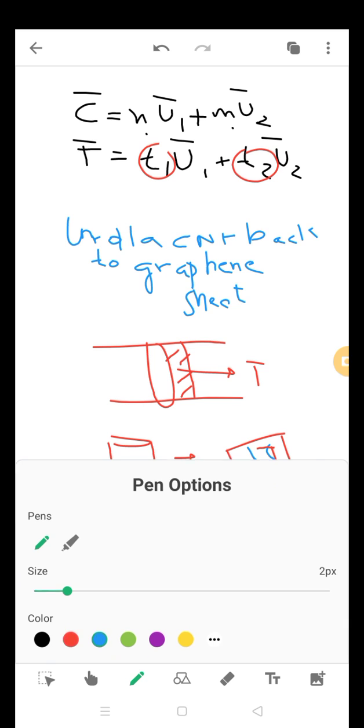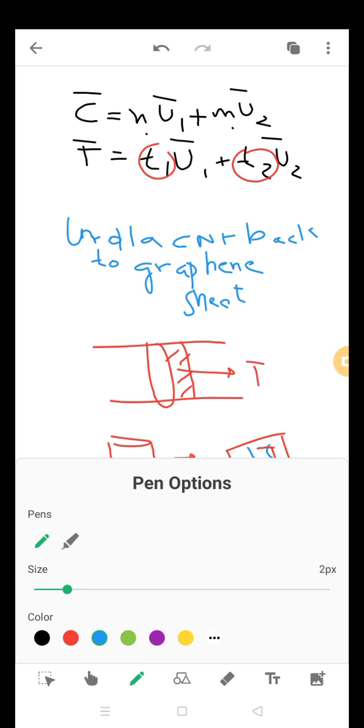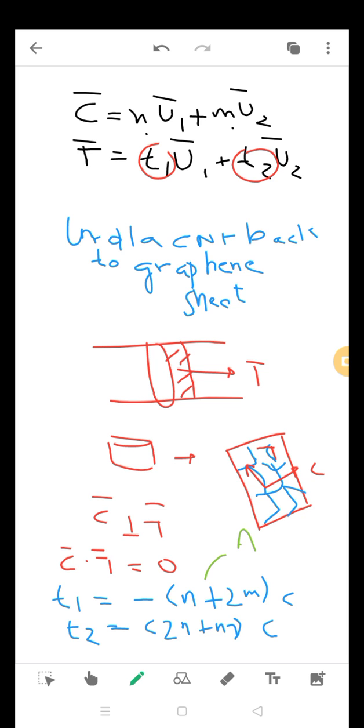The value of T1 comes out to be equal to minus n plus 2m over c, and the value of T2 is equal to 2n plus m over c. So you can take this as an assignment, and you try to solve this relationship.